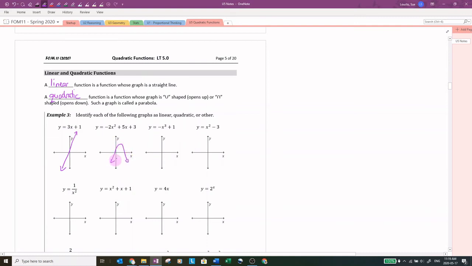You know, make sure that they're pointing in the right direction and the curves are kind of in the same place. That's supposed to be a straight line.